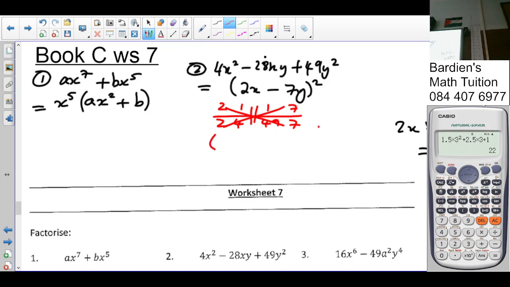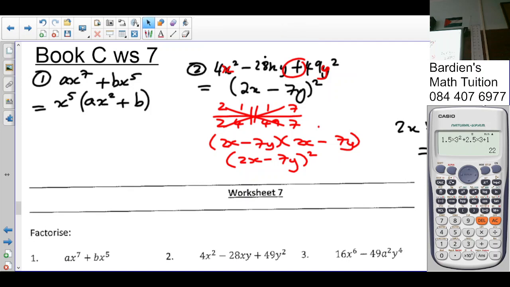Then it would have given us 2 and 7, 2 and 7. There's an x squared, so there goes an x and an x. There's a y squared, there goes a y and a y. Signs are the same. Now you see they're the same. It can be written as 2x minus 7y. Okay, just take one extra step, but you'll still get the answer anyway. Do you prefer the product line?